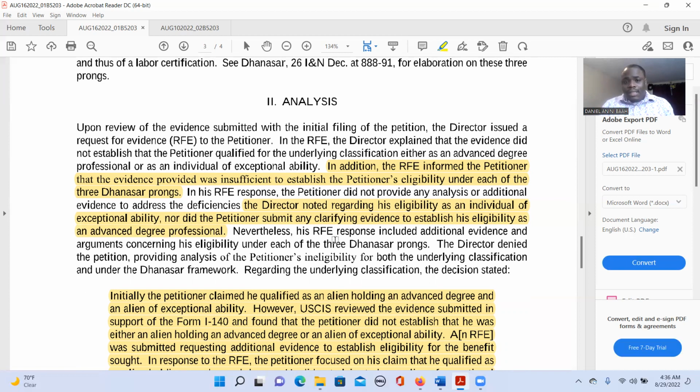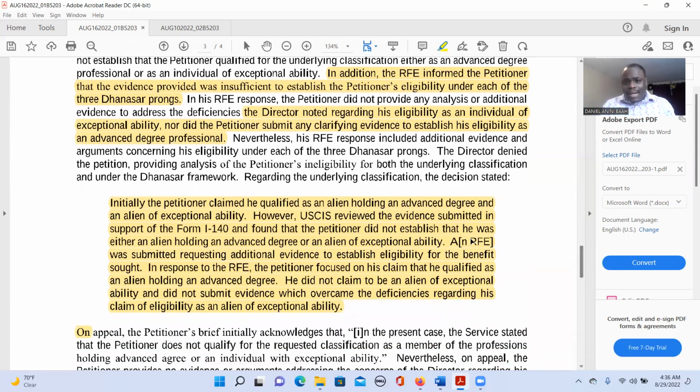It says that nevertheless, his RFE response included additional evidence and arguments concerning his eligibility under each of the three Dhanasar prongs. The director denied the petition, providing analysis of the petitioner's ineligibility for both the underlying classification and the Dhanasar framework. Regarding the underlying classification, the decision stated, initially, the petitioner claimed he qualified as an alien holding an advanced degree and an alien of exceptional ability.